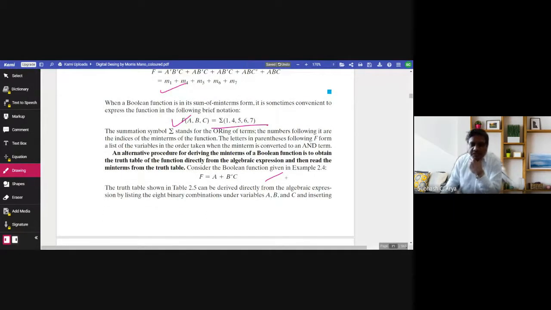Now there is another alternate way. Through a truth table also we can write F is equal to A plus B bar C. This is what we have done by multiplying with 1 represented by the missing variable. Now how can we write the same thing with a truth table?